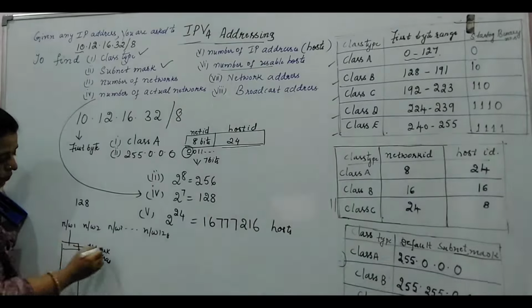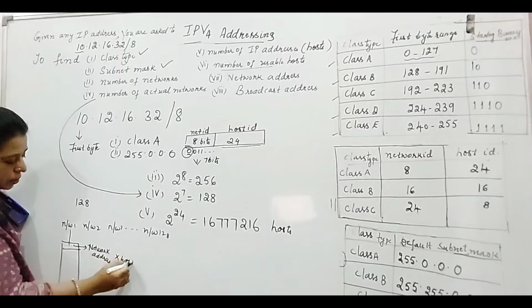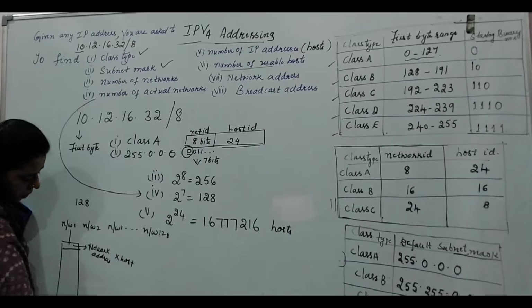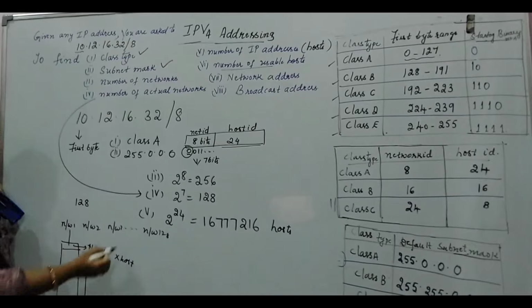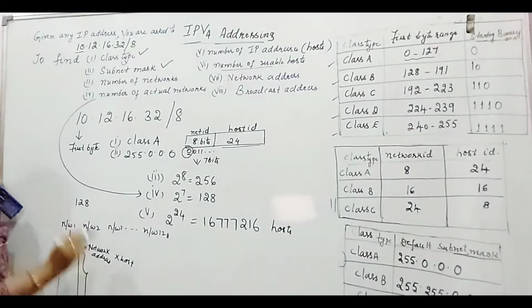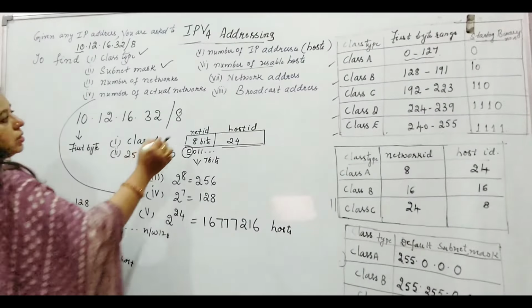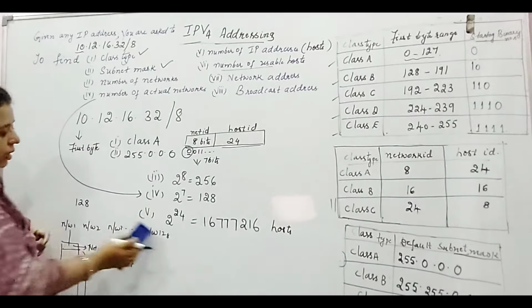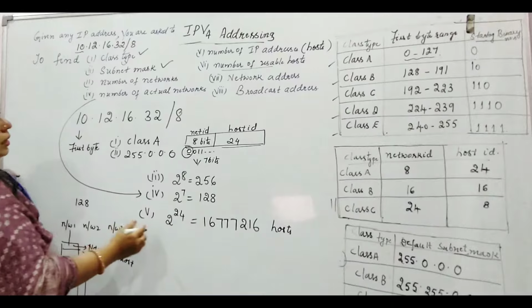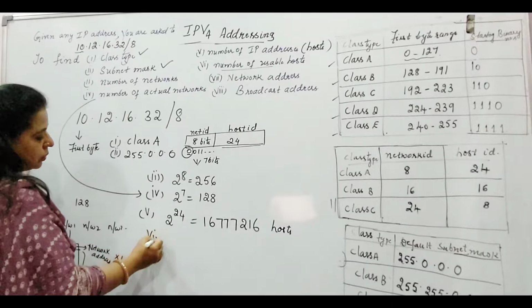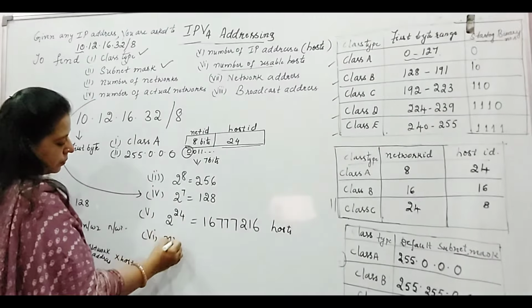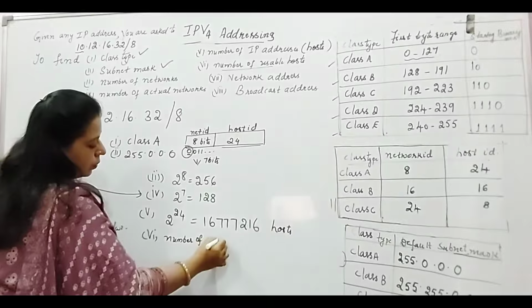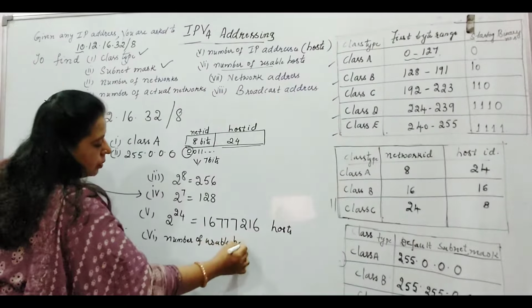Now the first address will not be assigned to any host, and the last, broadcast address will not be assigned to any host. So in between, how many are there? Leaving these two addresses, the remaining addresses are the usable host addresses. So you can write the sixth part, number of usable hosts: whatever host count you got here, minus 2.